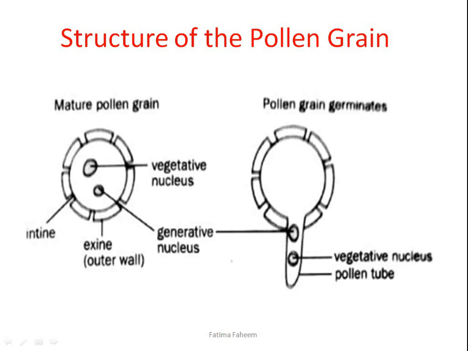The function of the vegetative nucleus is to form the pollen tube, while that of the generative nucleus is to undergo division. This generative nucleus will generate two male gametes, while the vegetative nucleus is responsible for the formation of this pollen tube. This pollen tube starts to grow as soon as the pollen grain falls on the stigma.